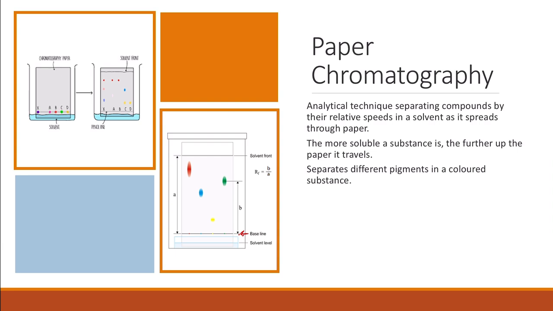And then you put the different spots of the different components you want to test and the mixture, and then you immerse your filter paper in the solvent in a beaker and cover it. Make sure that the start line is above the level of the solvent so that the different spots do not dissolve in the solvent and disturb the chromatogram.